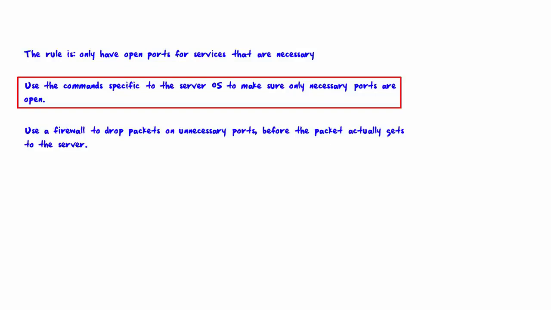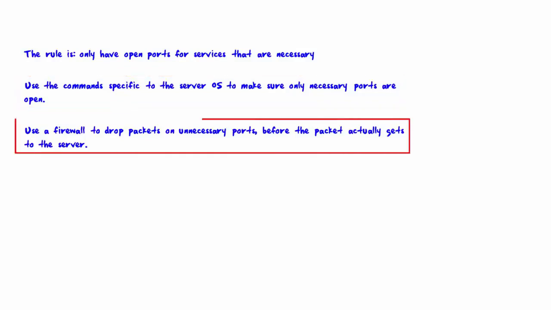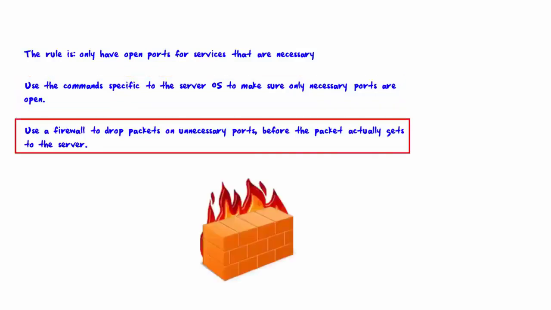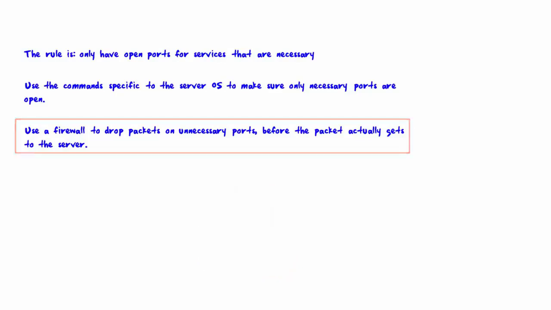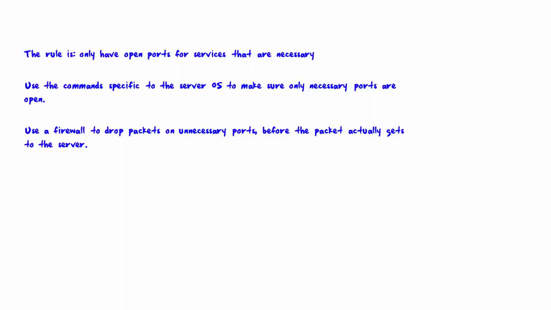You will use those commands. You can also use a firewall to drop packets on unnecessary ports before the packet actually gets to the server at all. That is the end of step 6. We will see you soon in step 7.